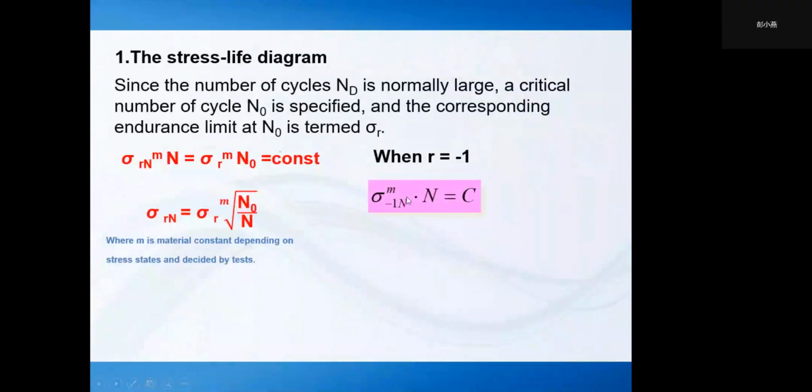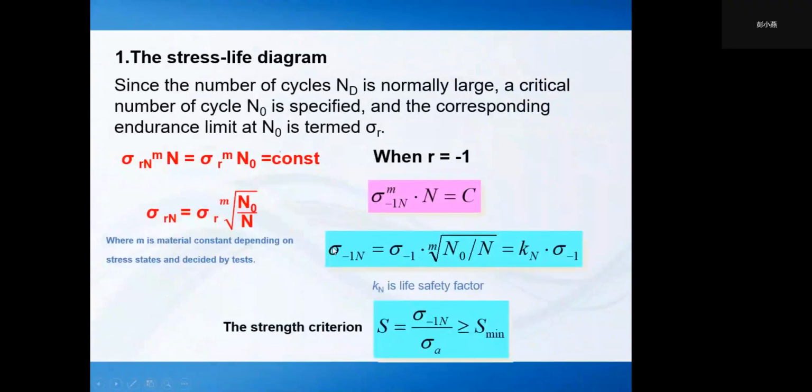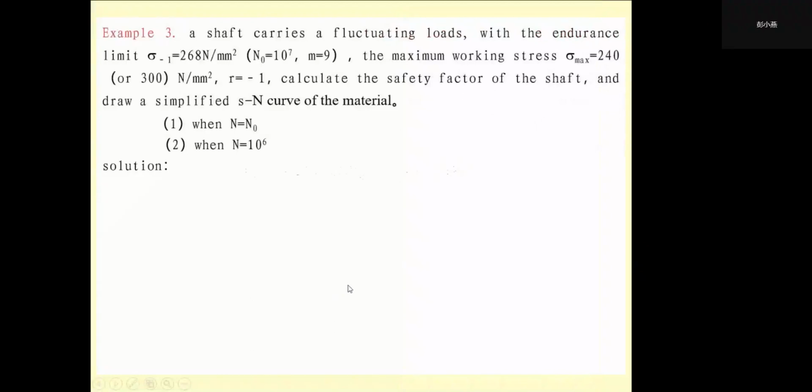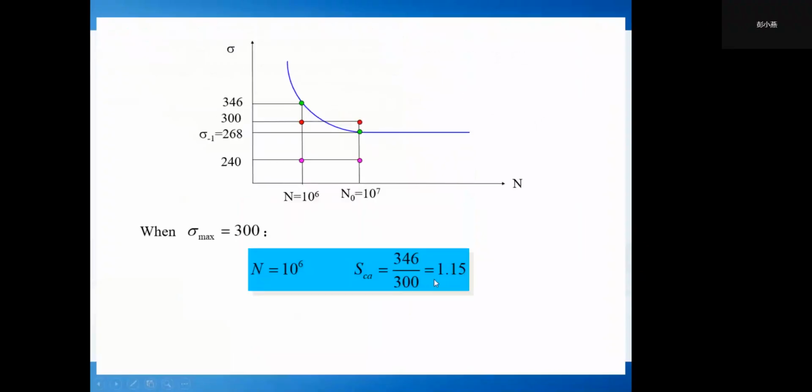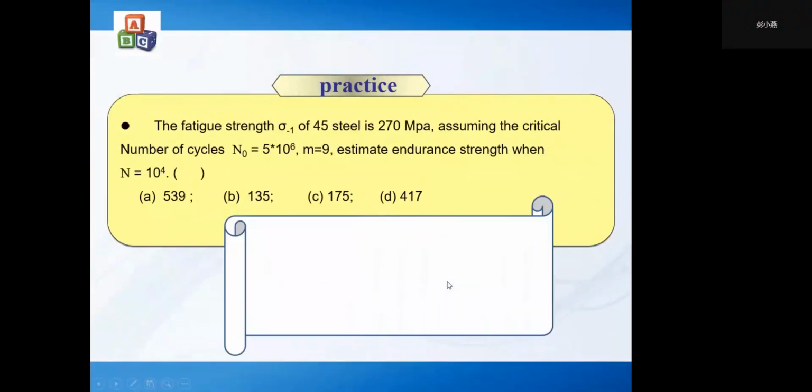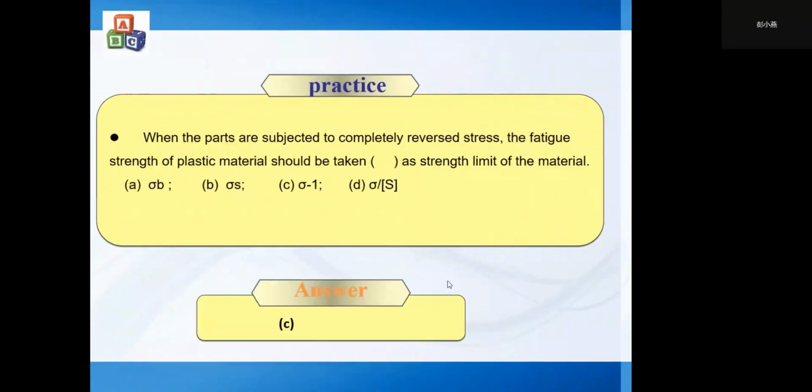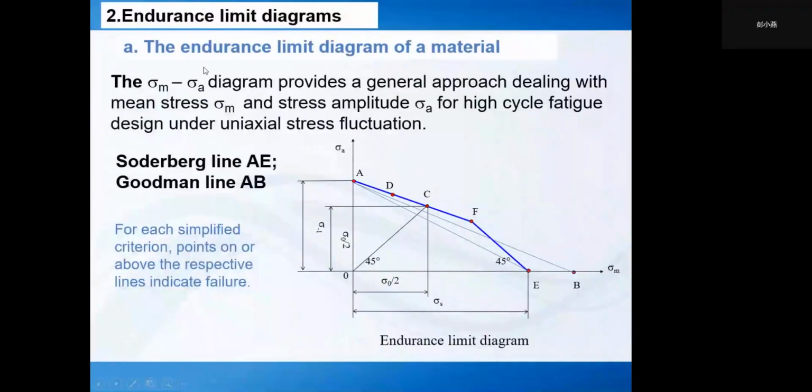Use these equations to calculate the endurance limit. And then you should master the endurance limit diagram. For this diagram, the life is the same, which means the cyclic number is the same.